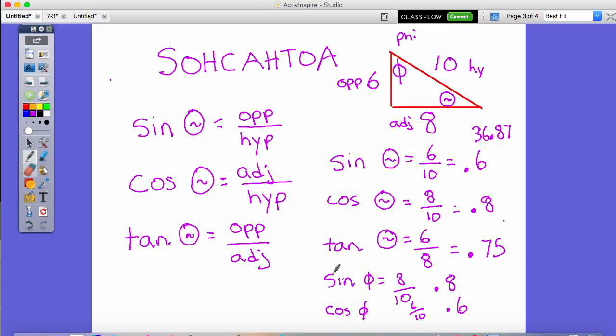And so for the tangent of phi, what was the opposite? What was the adjacent before is now the opposite. 8 is opposite the phi, and 6 is adjacent to the phi. Opposite over adjacent.